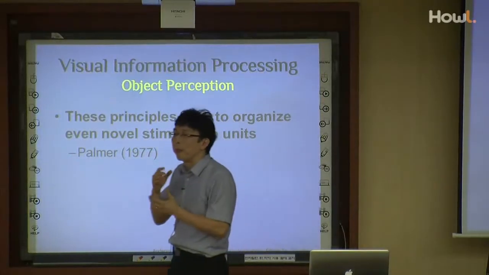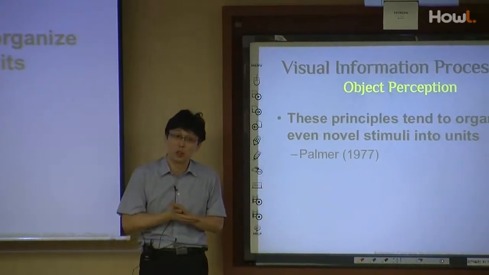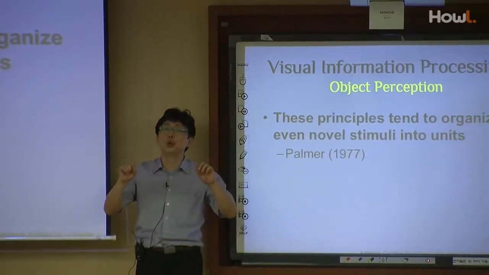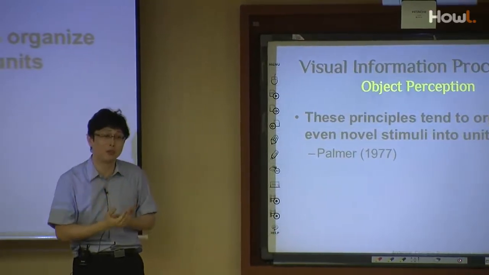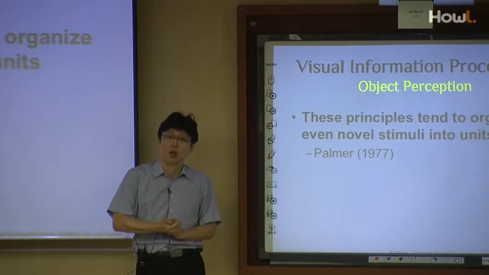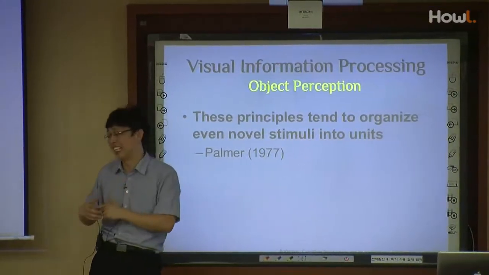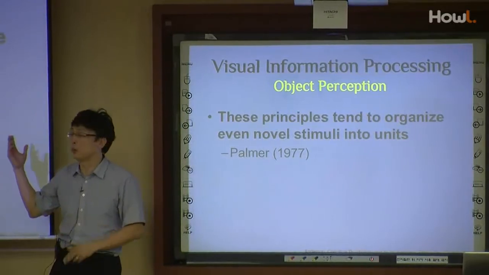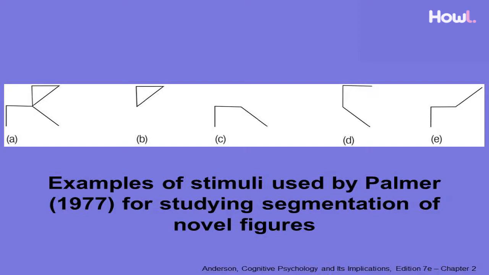Okay, so the Gestalt principle or Gestalt law is not simply 2D image perception. Sometimes it can apply to 3D perception. Also, our feature analysis, which I can explain later on, can also apply to the 3D image. In particular, Palmer started with object perception based on Gestalt psychology, like this one.